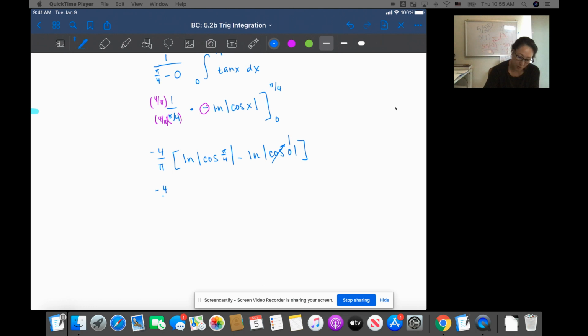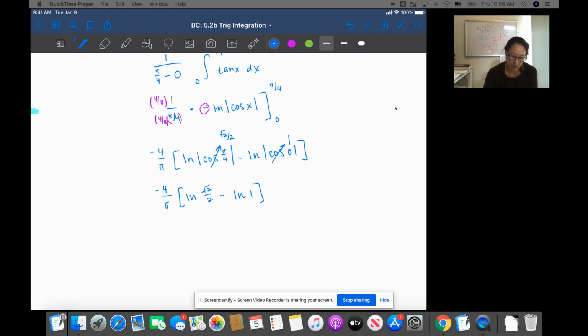So I get negative 4 over pi. Cosine pi over 4 is root 2 over 2, times, okay, so negative 4 over pi times the ln of root 2 over 2. I can drop the absolute value sign since root 2 over 2 is already positive, minus the ln of 1.